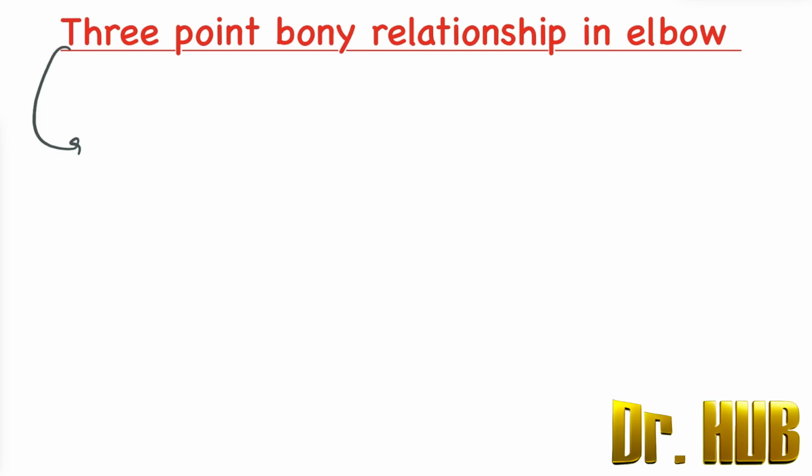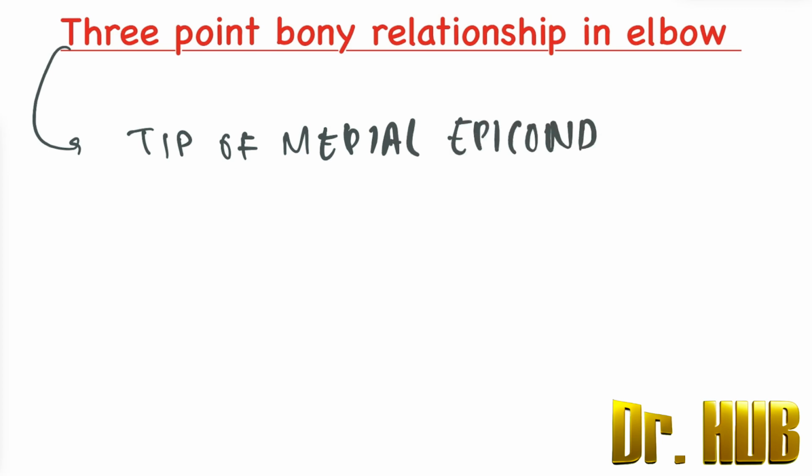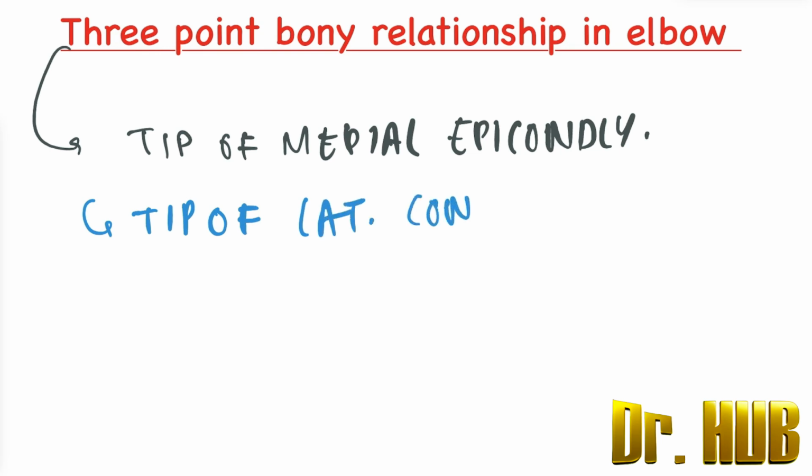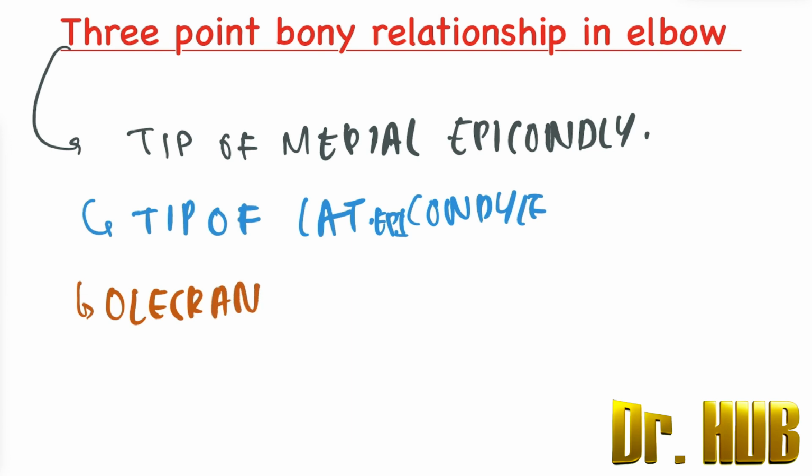The 3-point bony relationship includes the tip of the medial epicondyle, the tip of the lateral epicondyle, and the olecranon. All these form the 3 tips in the elbow.